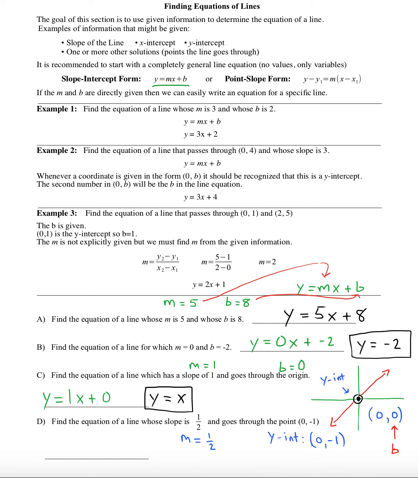How do I know it's a y-intercept? Because of the x being 0. Whenever the x is 0, that first coordinate, then the second coordinate is the b. So b is negative 1 here. Our final line equation is y equals 1/2 x minus 1.